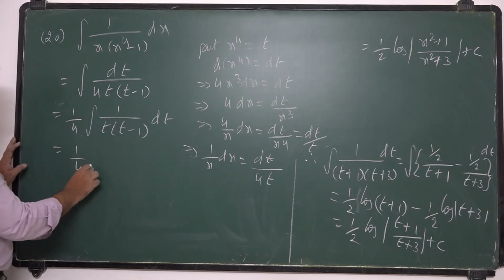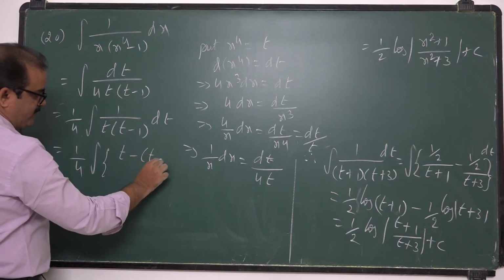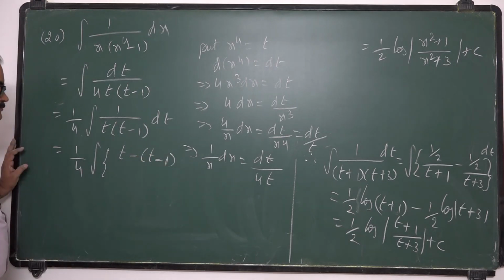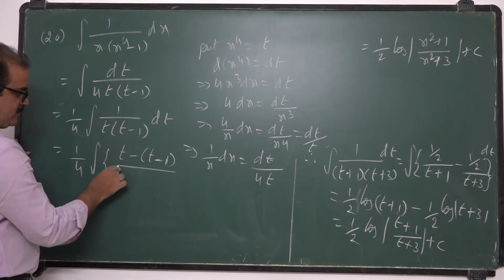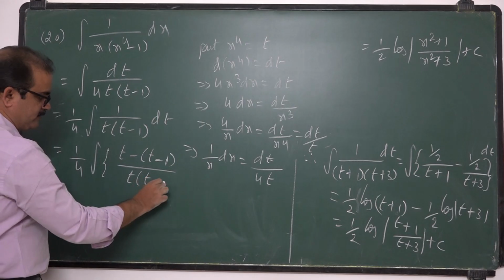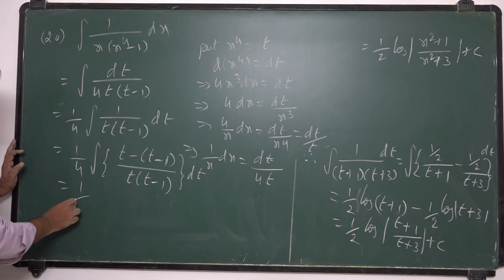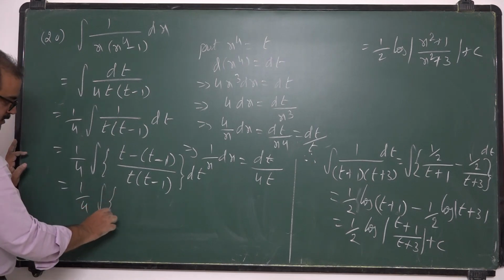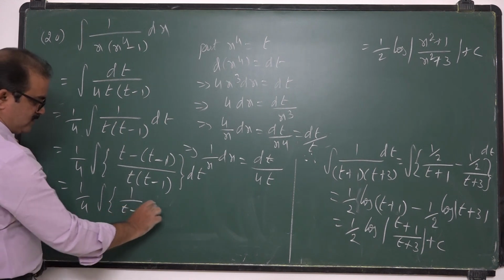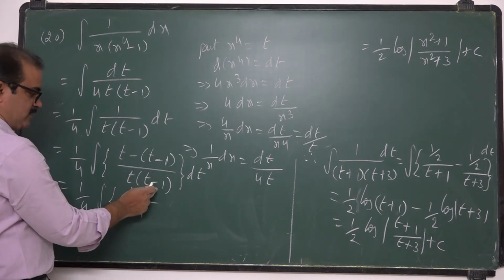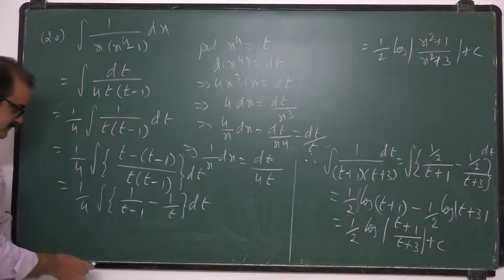Otherwise, directly we write 1 as t minus (t minus 1): t cancels, minus of minus 1 plus 1, by t into (t minus 1) dt. Divide separately, 1 by 4 into the integral of, in the first term t cancels, 1 by t minus 1, minus, in the second term t minus 1 cancels, 1 by t dt.